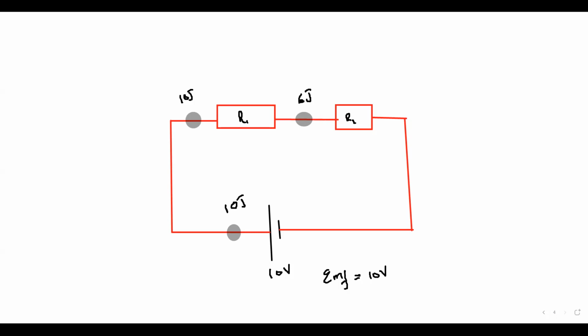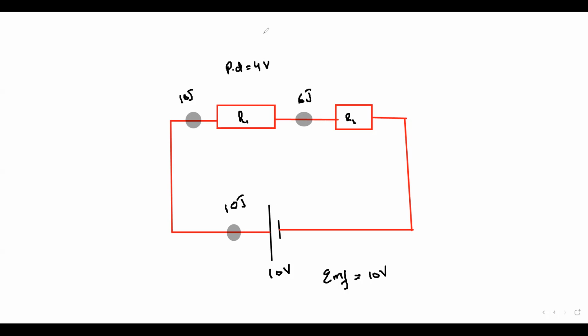So how much energy is being transferred? The energy which the charge transfers, we call the potential difference. So it transfers 4 joules, or we can say 4 volts.